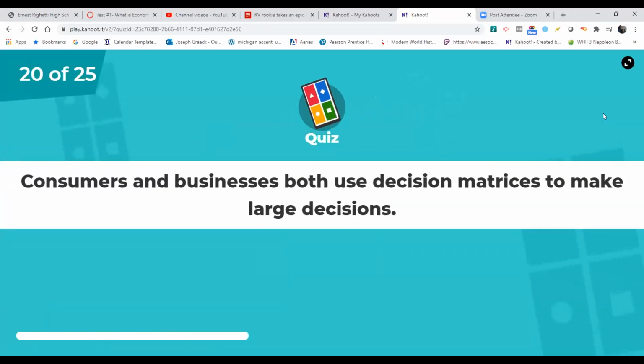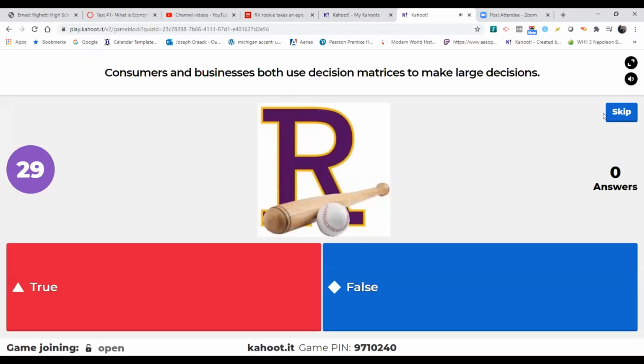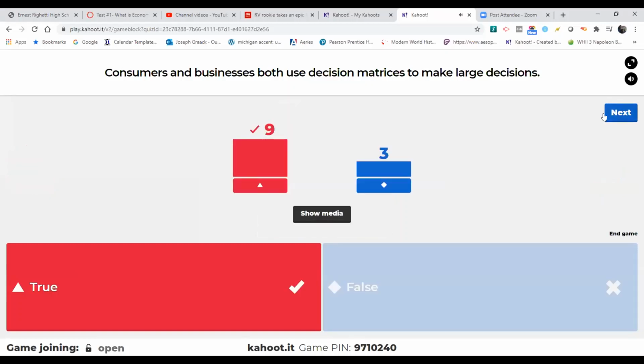All right, consumers and businesses both use decision matrices for large decisions. True. That is true.